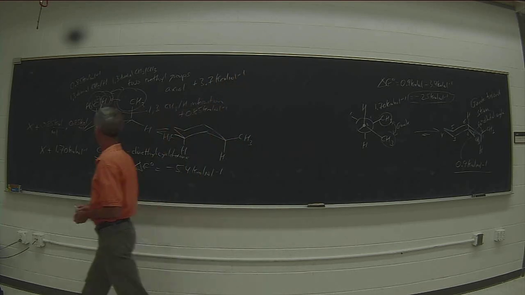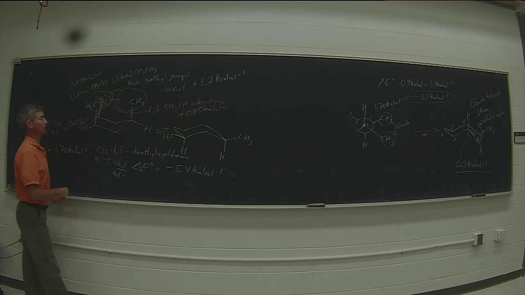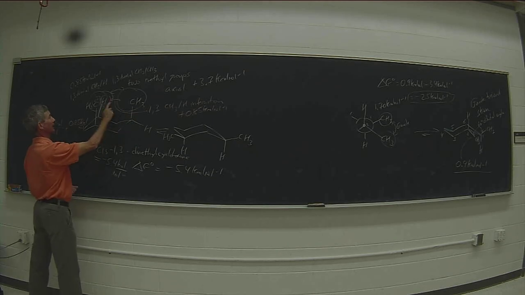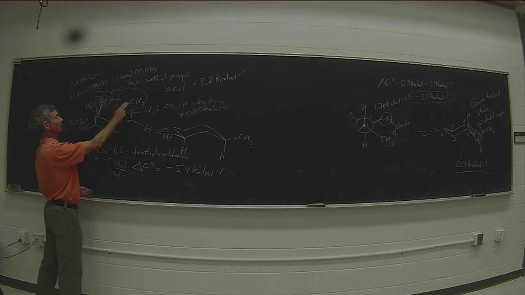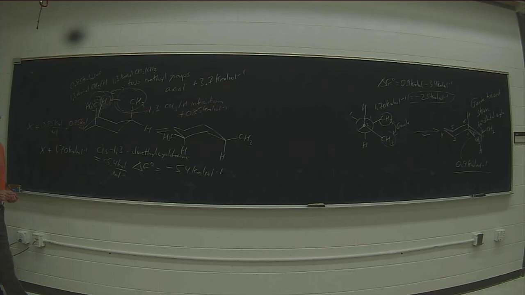kilocalories per mole. So by moving this methyl group into the equatorial position, I'm relieving the 0.85 kilocalories per mole strain that it's having with the hydrogen on carbon 5, but I'm also relieving 3.7 kilocalories per mole strain that it has interacting with the methyl group on carbon 3.